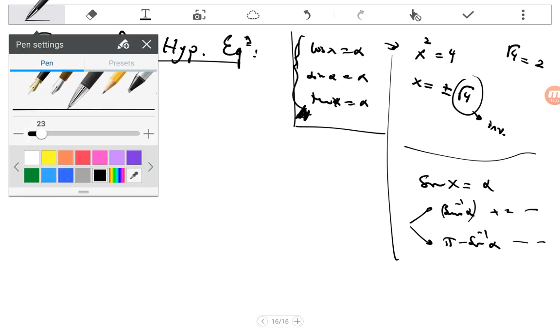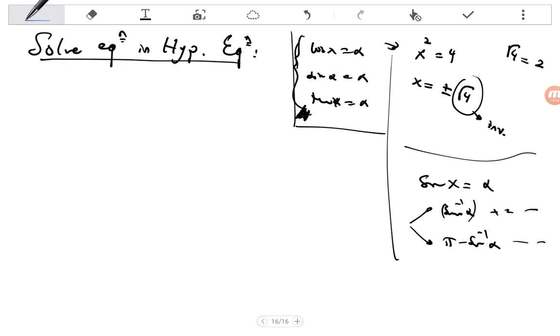That's why we will also have three forms of equations for hyperbolic functions, for example, sine x equal to alpha. In this case, for hyperbolic functions, we'll find that solving equations is much simpler. Why?